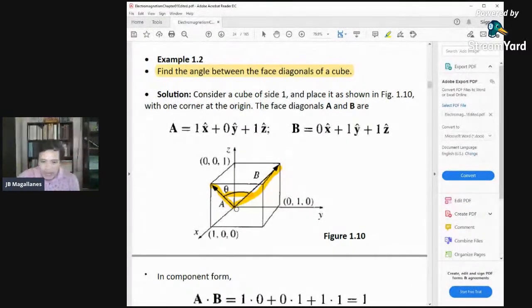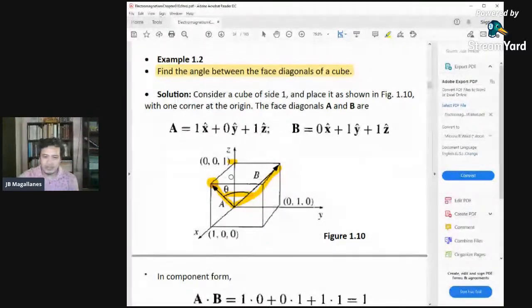So A, the vector A here, would have what coordinate? Because the corners of this cube would be here 1 0 0. This is zeros. What is the coordinate here? The coordinate here would be 0 0 1. So the coordinate here would be what? 1 0 1.